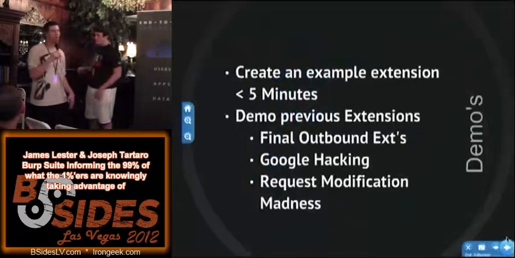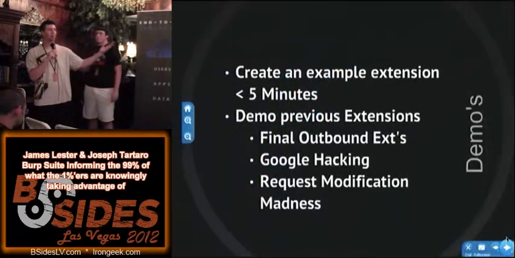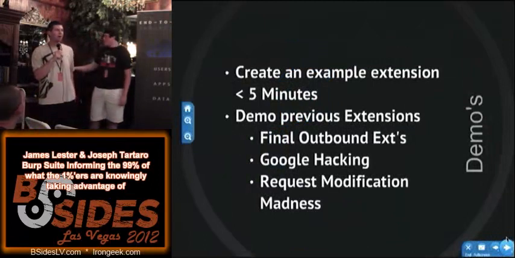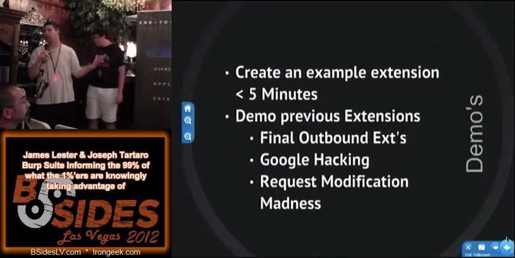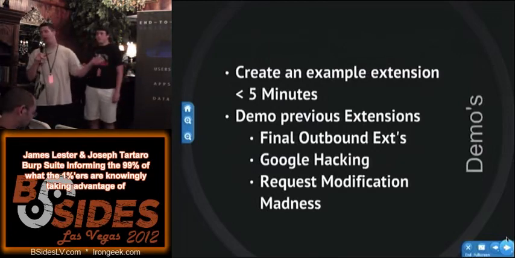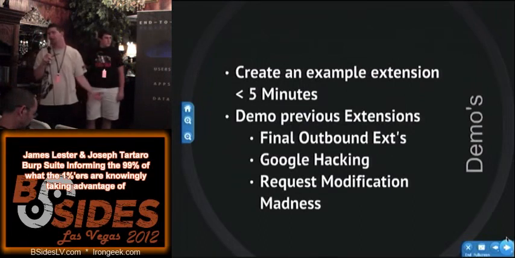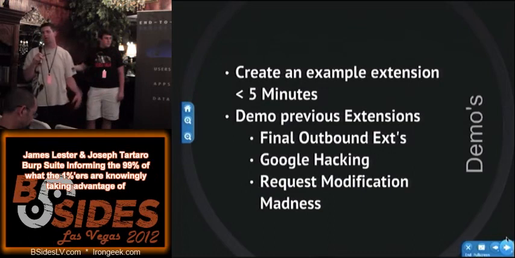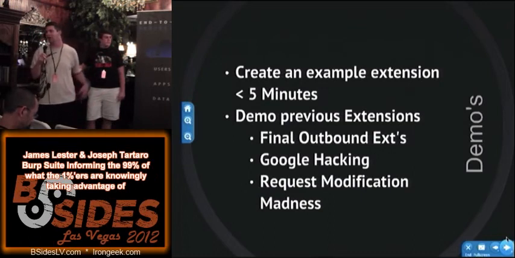So that kind of concludes the demos where we at least try to show you a sample of some of the extensions, showing that you do have control over a final outbound extension. Little tiny things like being able to add items to a target through such things as calling a Google site, doing a little bit of Google indexing. You can even add words to it, like look for .back with a Google site, and it'll add those.